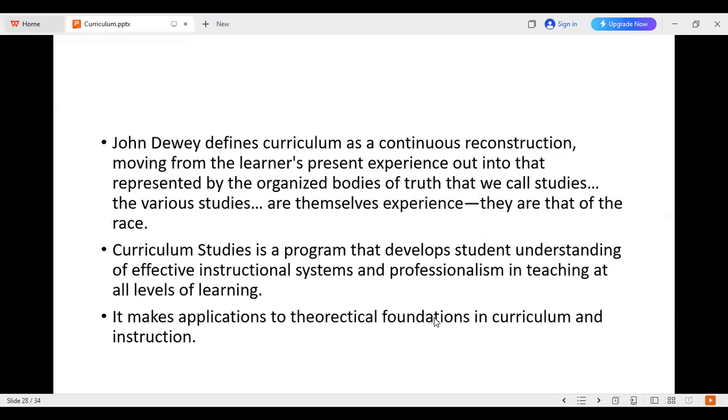Now a very famous man, John Dewey. Even in education philosophy, you will learn about John Dewey, who defines curriculum as a continuous reconstruction. Now there is a policy every 8 years. Every 8 years, the curriculum of a country should be revised. Continuous reconstruction.